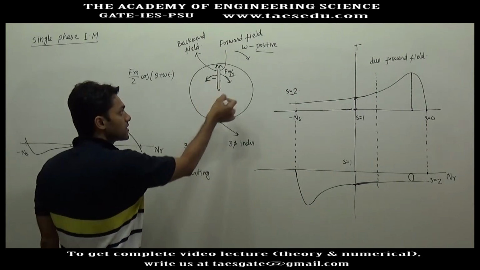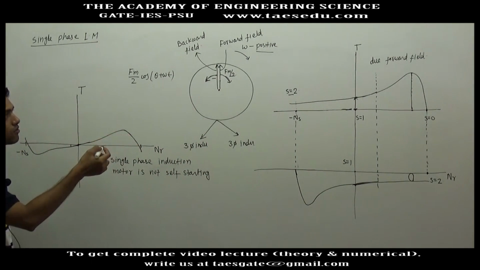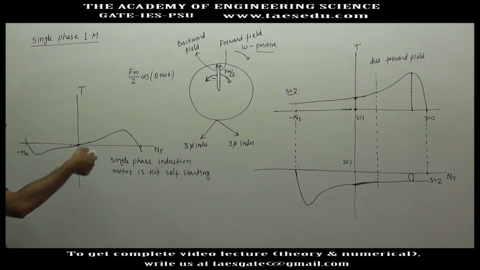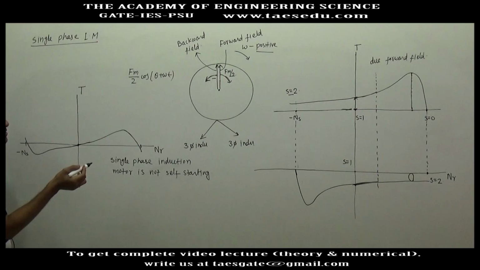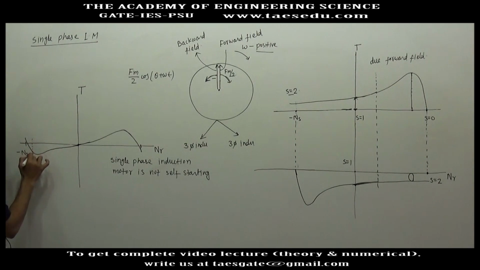That torque will increase the speed, and now this induction motor will rotate due to the backward torque, and will start rotating in the anti-clockwise direction, and at some point, that depends upon the load, at which point it will operate. So at some point it will start rotating.